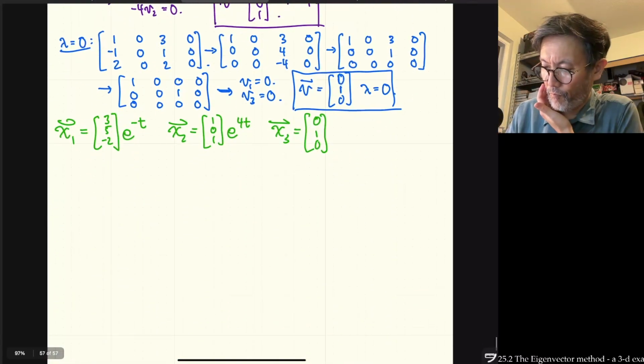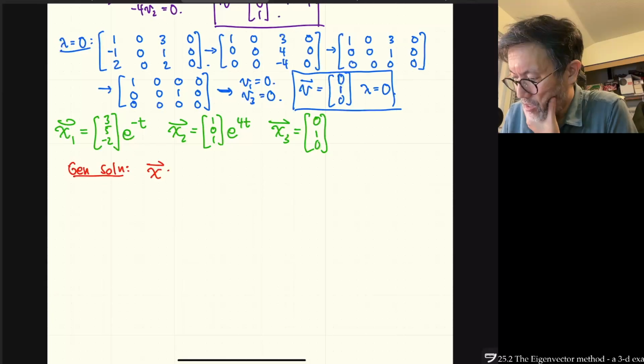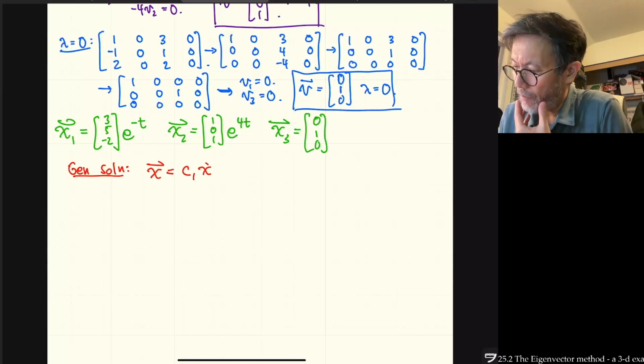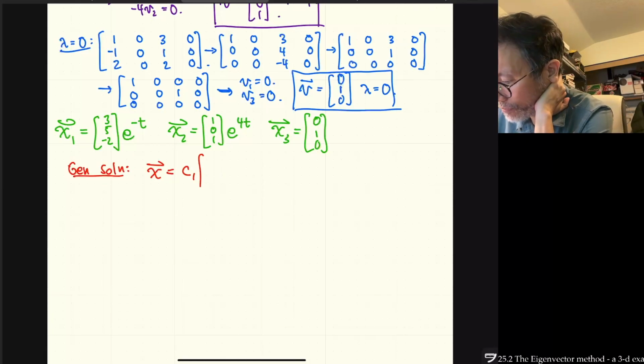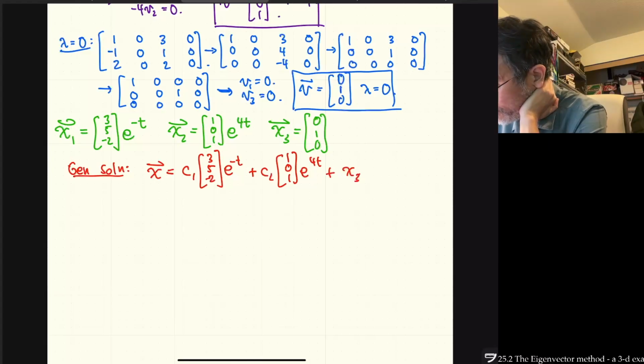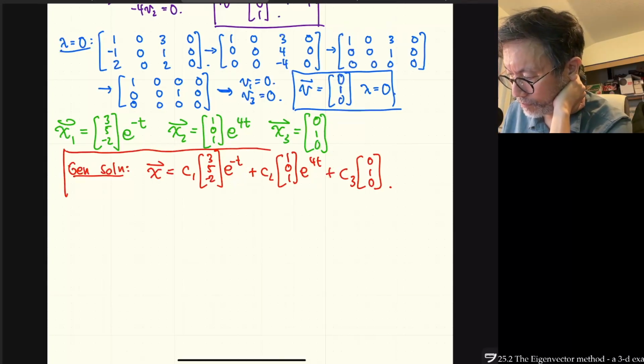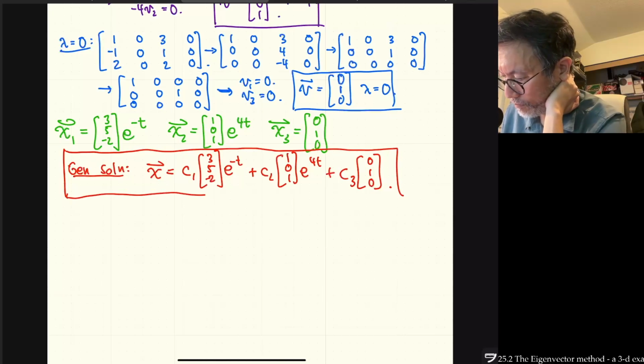So my general solution is x equals c1 times 3, 5, negative 2 times e to the negative t, plus c2 times 1, 0, 1 e to the 4t, plus c3 times 0, 1, 0. That's my general solution.